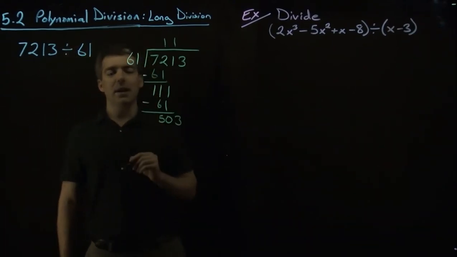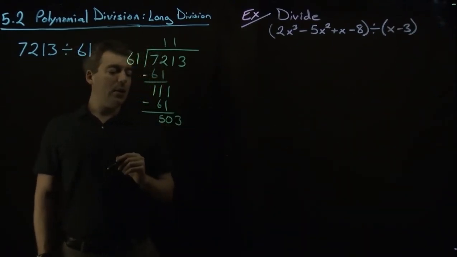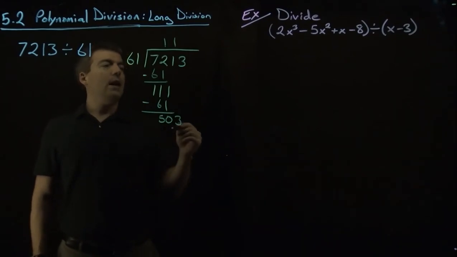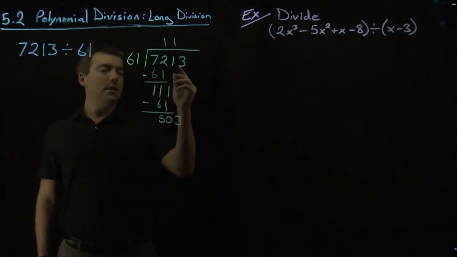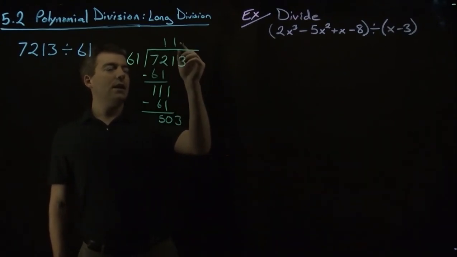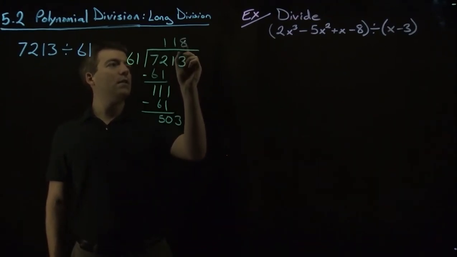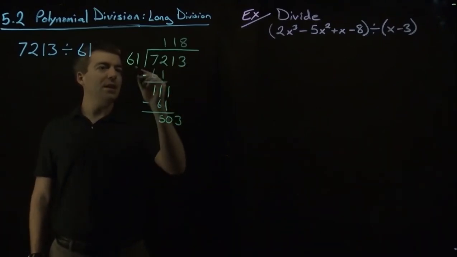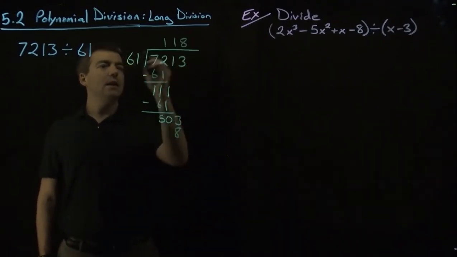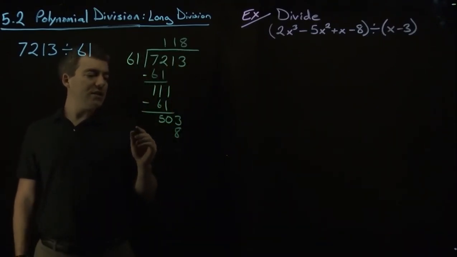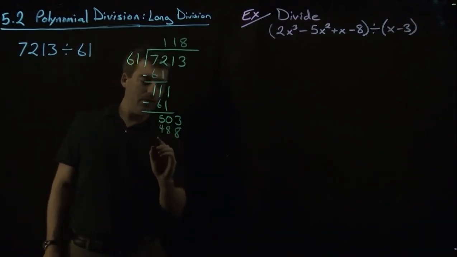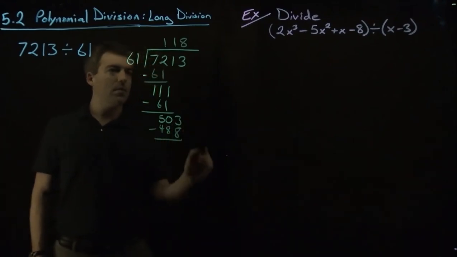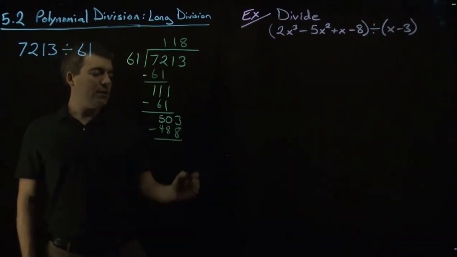And then we need to ask how many times does 61 go into 503. And I believe that's going to be 8 times. Let's just try 8. 8 times 1 is 8. 8 times 6 is 48. So we'll subtract.